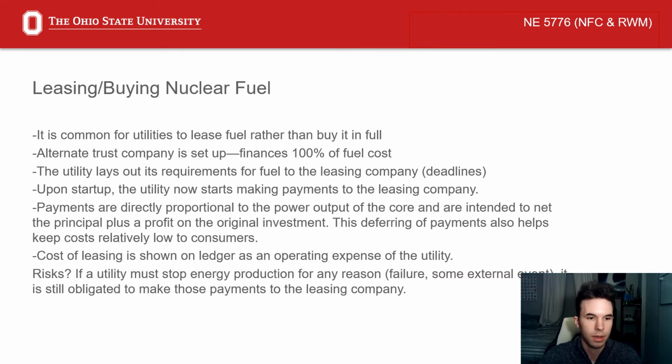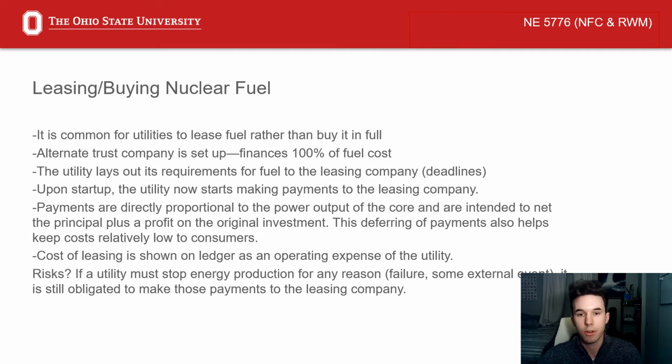There is a strategy that utilities will take, which is leasing nuclear fuel. Of course, buying nuclear fuel outright is always an option, but leasing is an attractive alternative for a variety of reasons. The way this works is usually a trust company will be set up, not really a duplicate company, but a sister company.